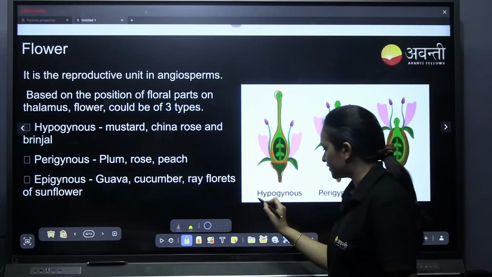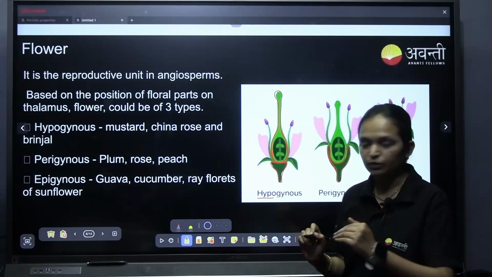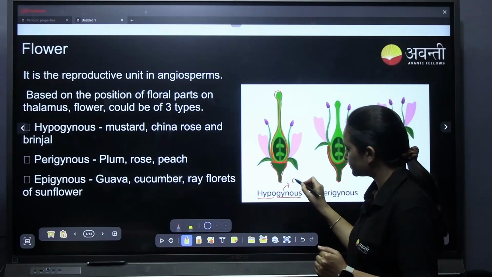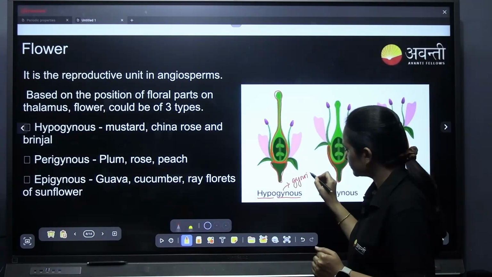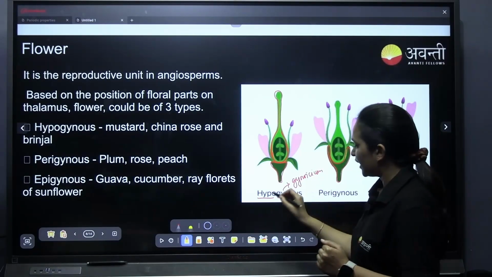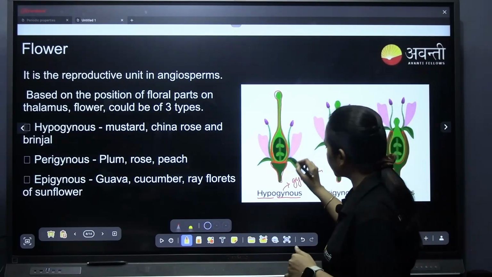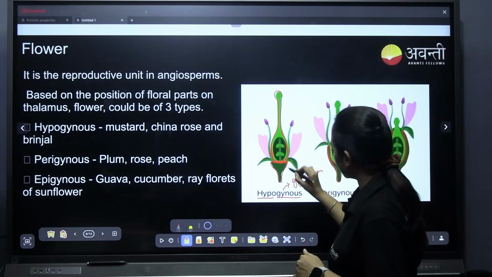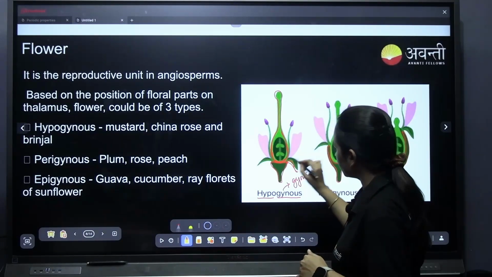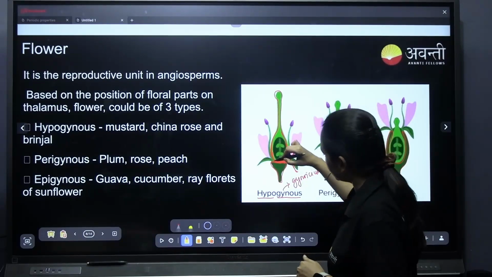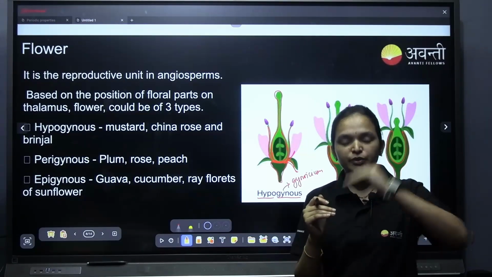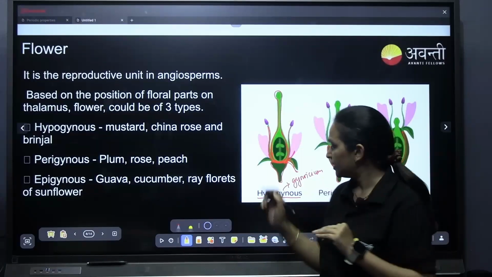First we are going to learn about hypogynous. Hypo means below, and gynous means gynoecium.